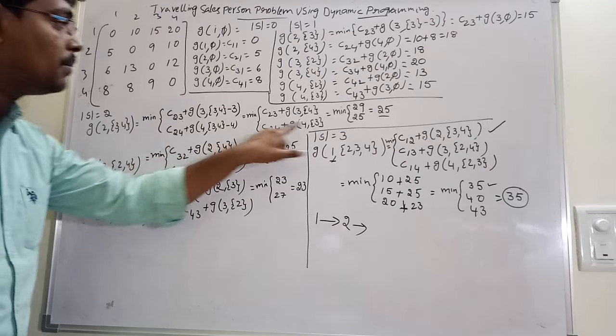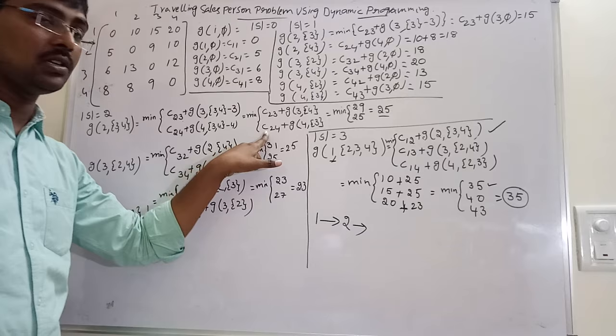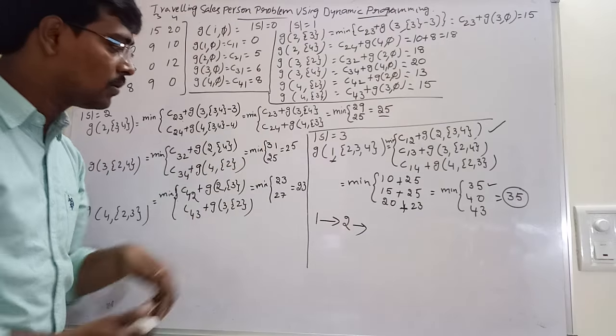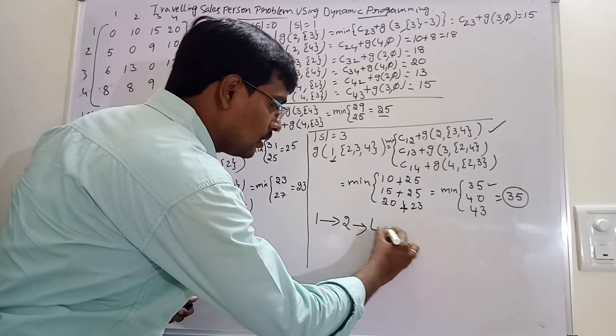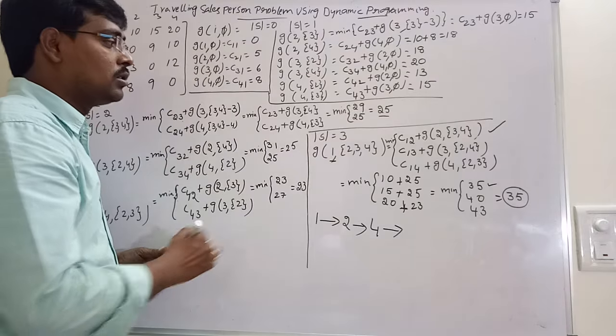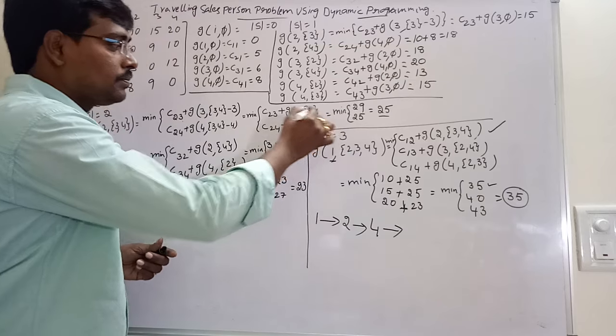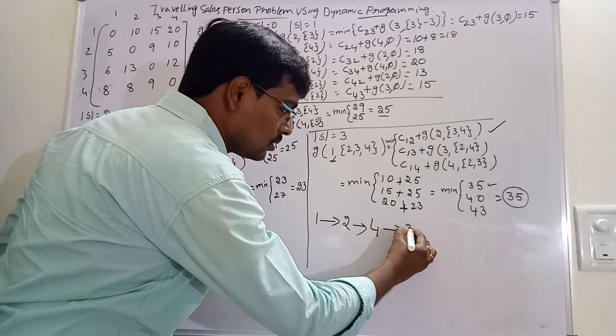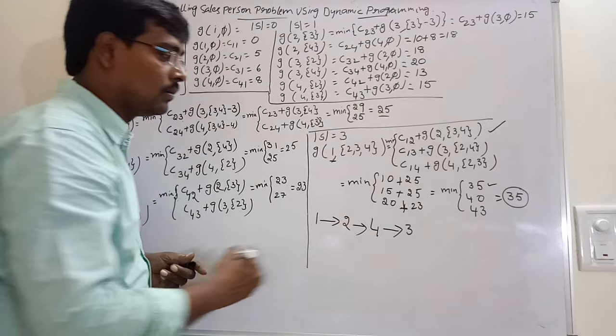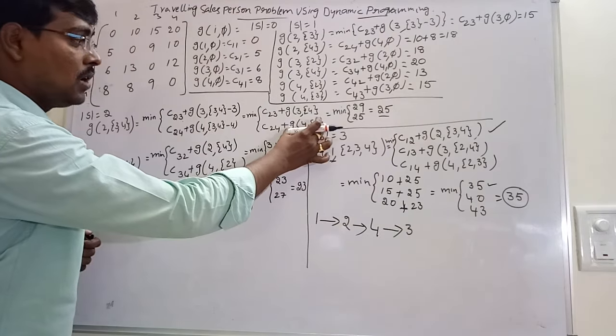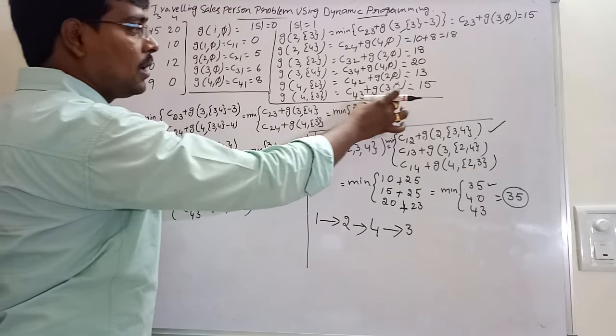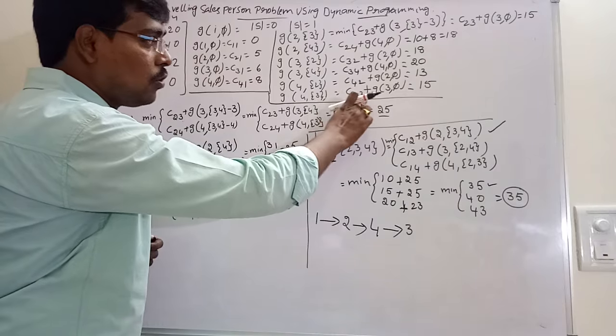In this the minimum value is of this equation, that is from 2 we are moving to 4. We have only one single term, that means 3, so simply move to 3. And observe G of 4 comma {3}, that means 4 to 3.